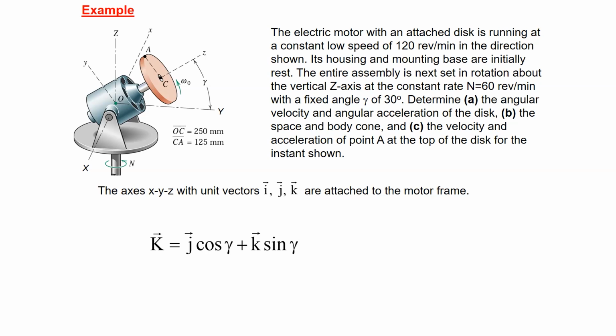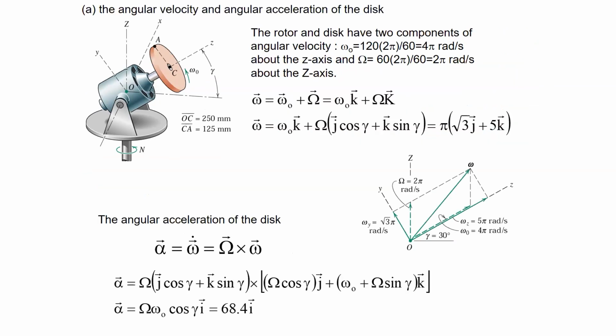That is the convenience, because the disk can be represented very easily in small xyz, whereas big XYZ will give you the absolute velocities and absolute accelerations. So we should know how to convert from small xyz to big XYZ. Let us see. In fact, I'll go back to that.